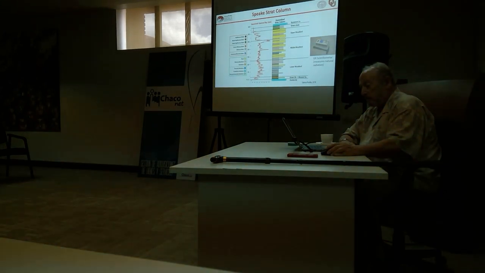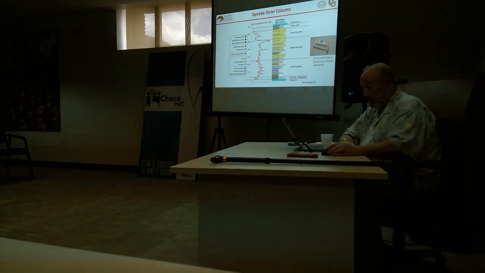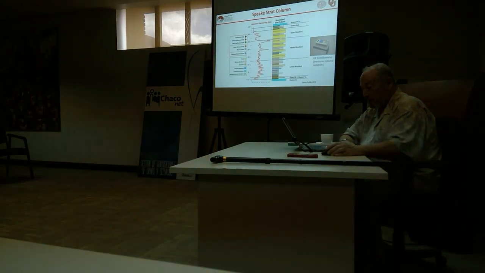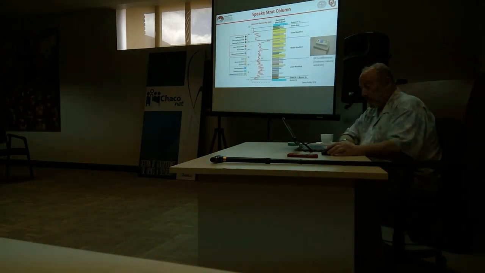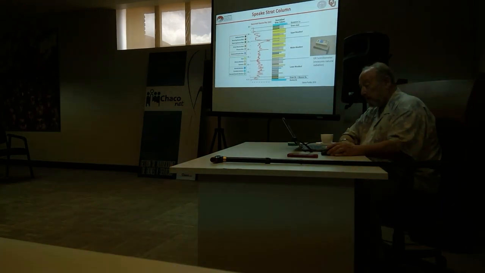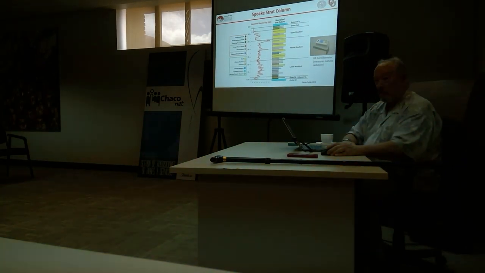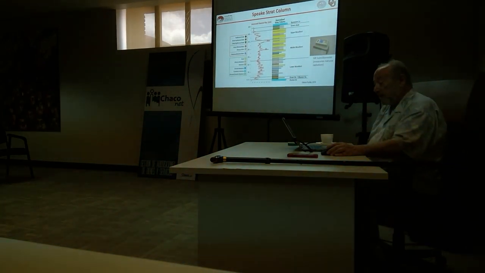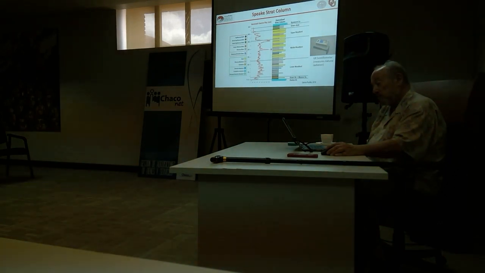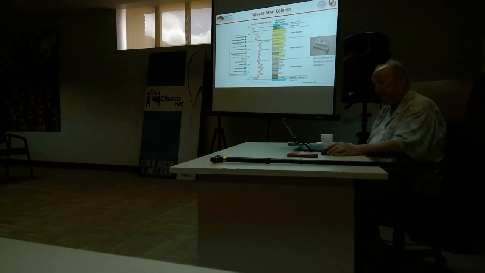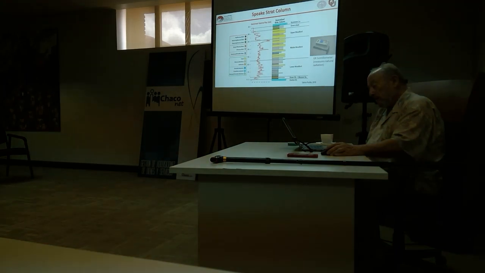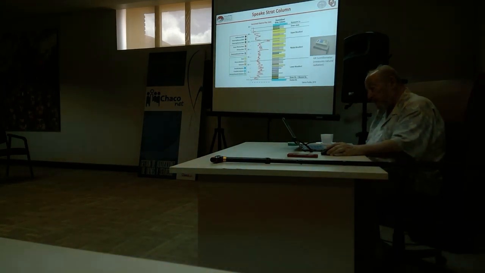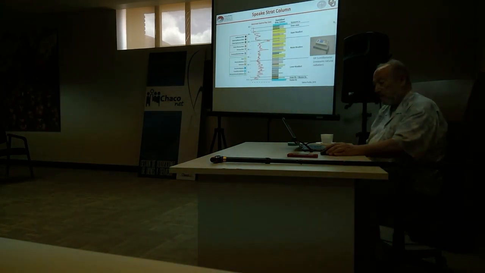Then we go up here and we see a blocky pattern. Because this is highstand, you've got a sequence boundary here, and then you have a lowstand down there. And then a condensed section and maximum flooding surface right here. And then you see that cleaning up trend there. That's another highstand.